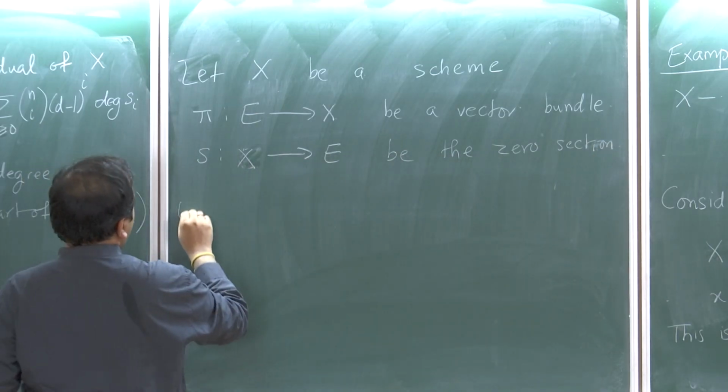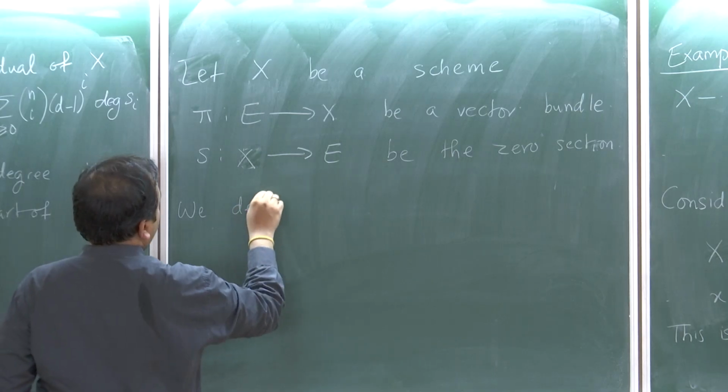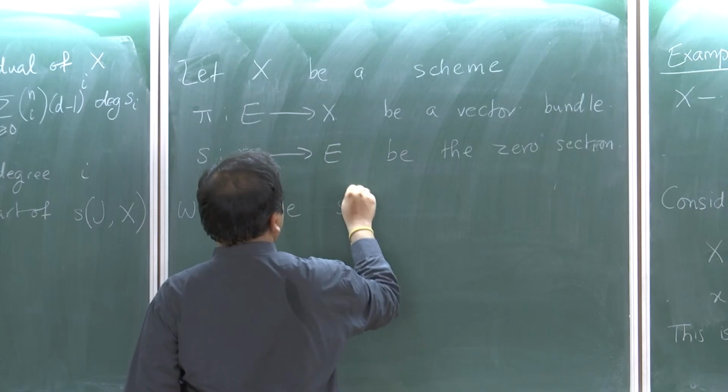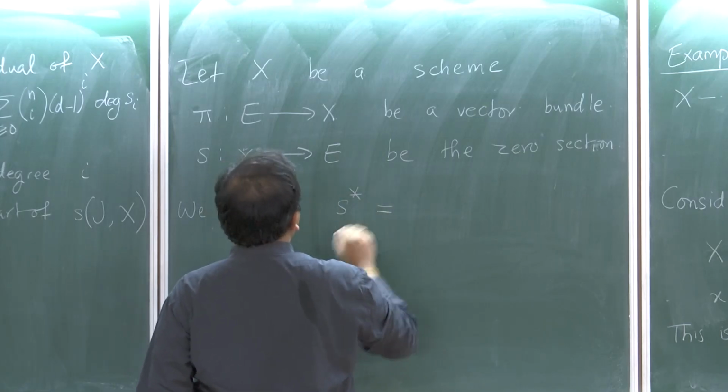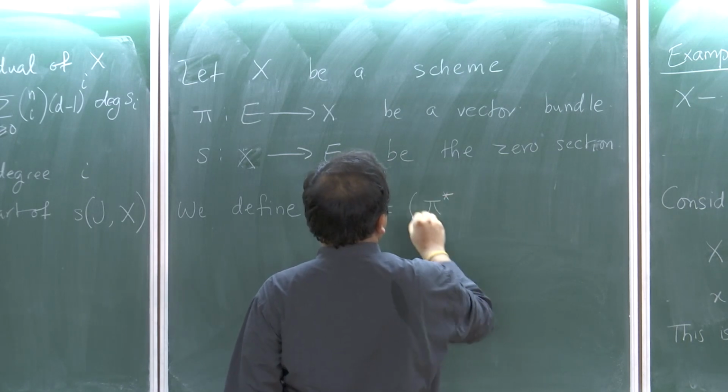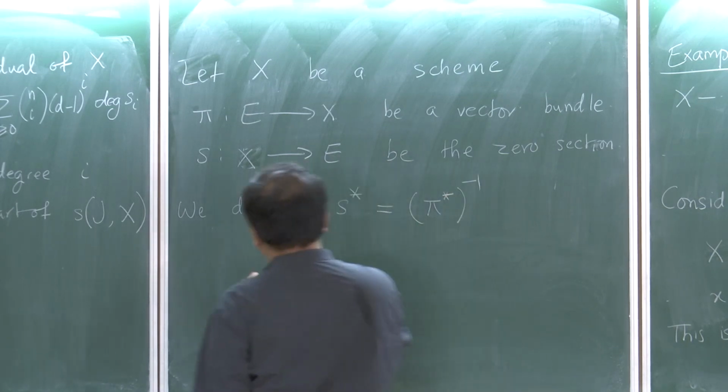So we define s upper star to be equal to pi upper star inverse.